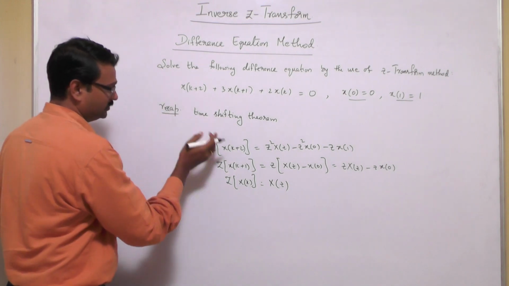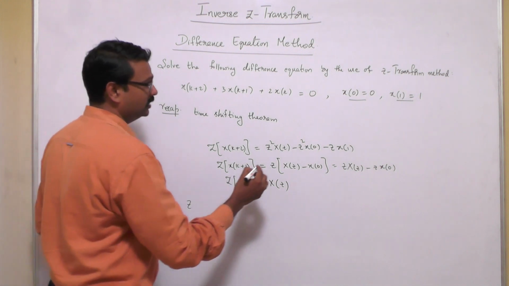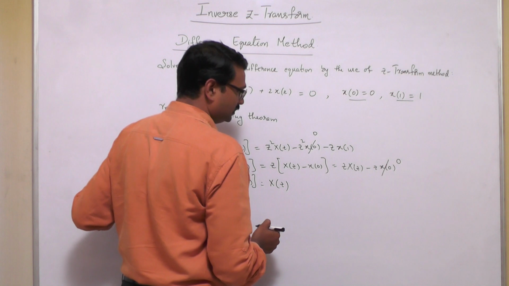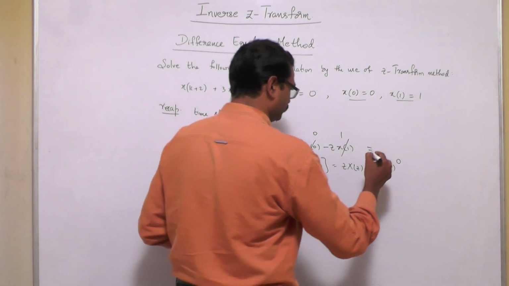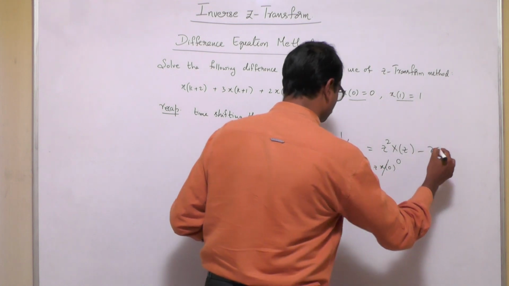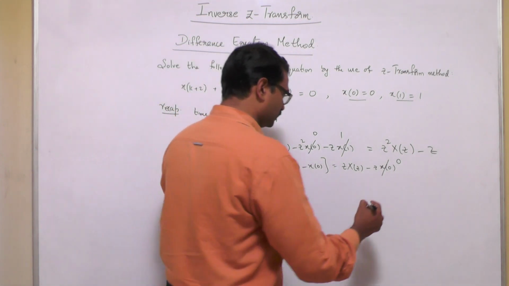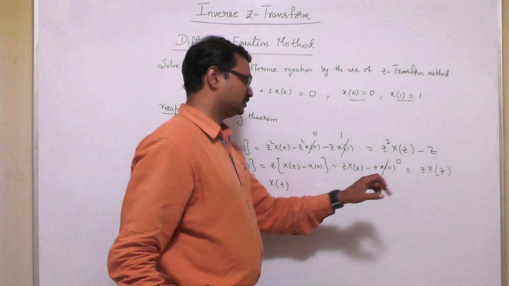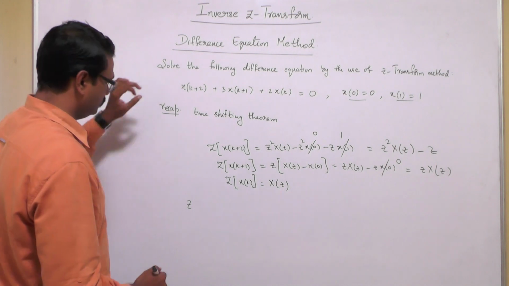First, we replace these here: x of 0 is equal to 0 and x of 1 is equal to 1, therefore we have z square x of z minus z. And this one you will have as z x of z, because x of 0 is 0, and the Z transform of x of k is equal to x of z.